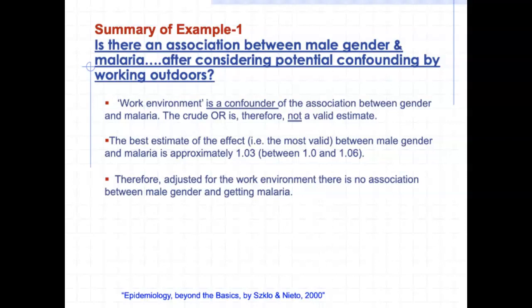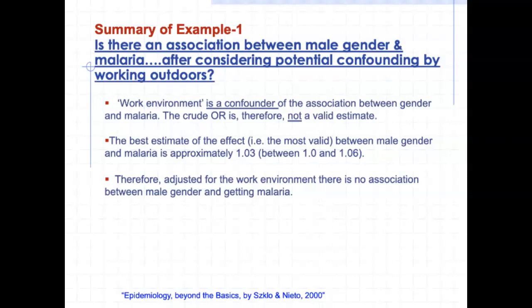The better estimate in terms of measuring the effect of gender on developing malaria, the most valid measure I want to use, is going to be that adjusted measure, 1.03. What I see is that when I adjust for working outside, I no longer observe that positive association, that 1.7.